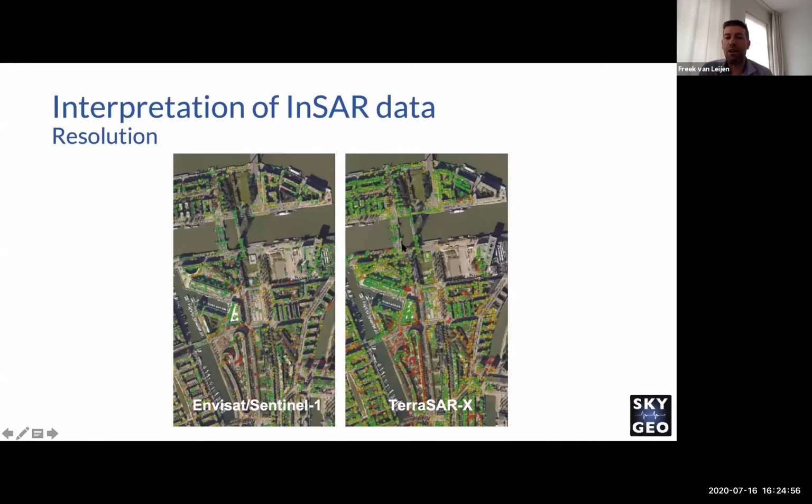Here you see two examples of the same area somewhere in the world, and the distribution of points for the Sentinel satellite and for the TerraSAR-X satellite. The TerraSAR-X satellite has a higher resolution, and that results in a higher point density, so you see more details in your product. Depending on the project you're working on, this determines the most suitable satellite data set for your particular case.